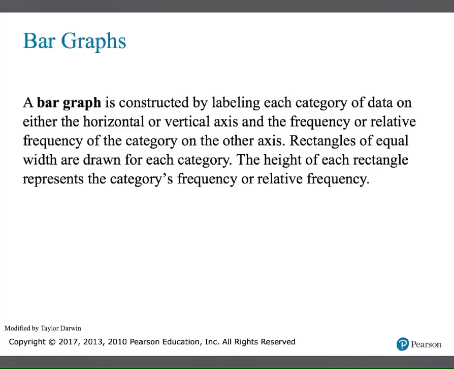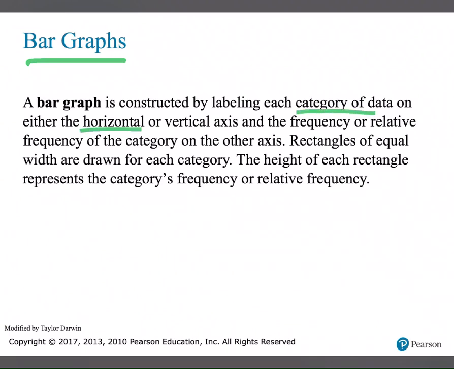So we know how to do frequency and relative frequency distributions, and so now we can put that data in a graph. And a bar graph is what we're going to talk about right now. It's constructed by labeling each category of data on either the horizontal or vertical. We'll use more horizontal with the category.